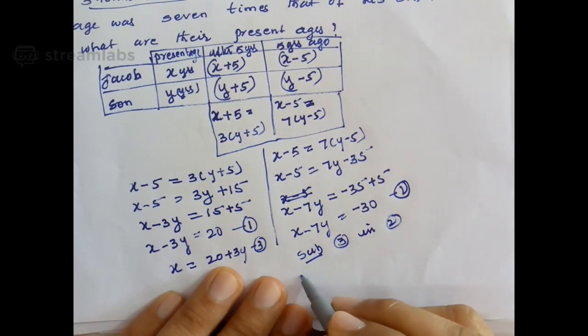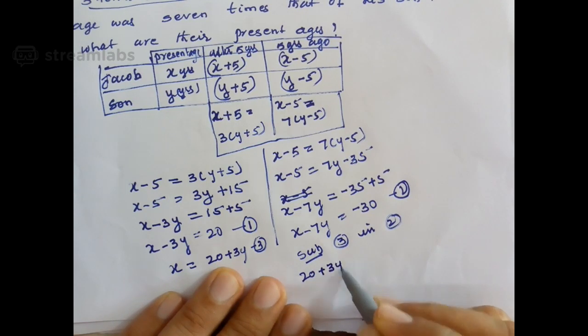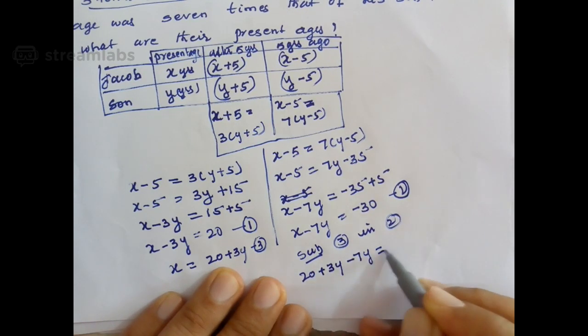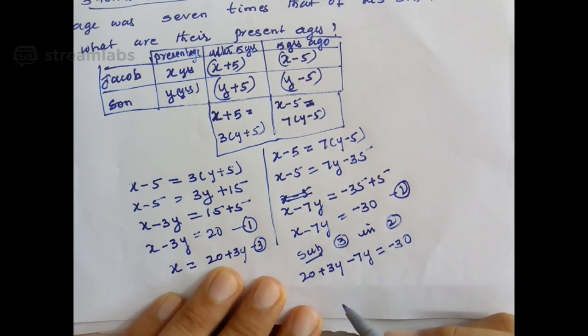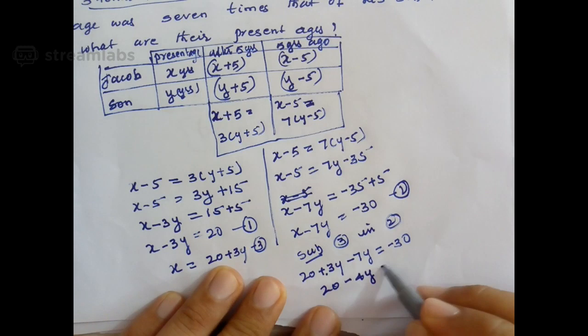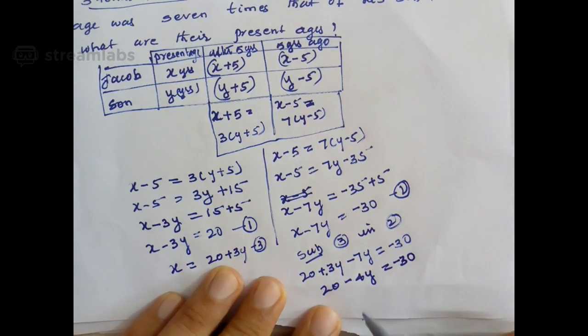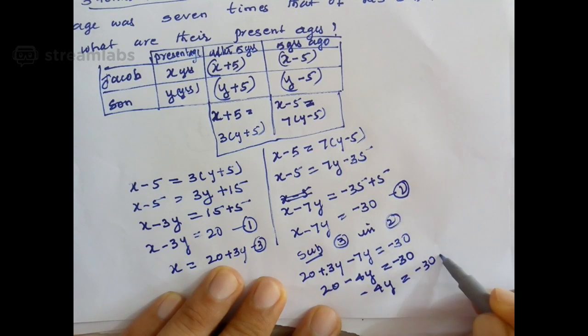That is 20 plus 3y minus 7y is -30. That is 20 minus 4y, since 3y minus 7y is -4y, is -30. Therefore, -4y is -30 minus 20.